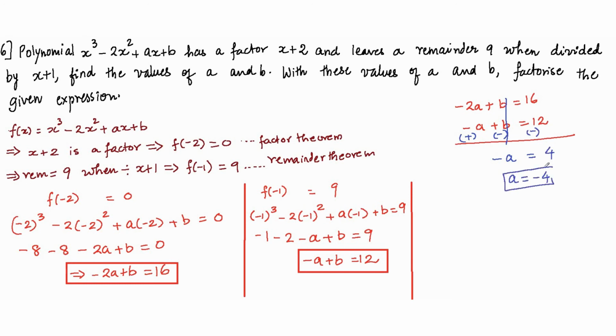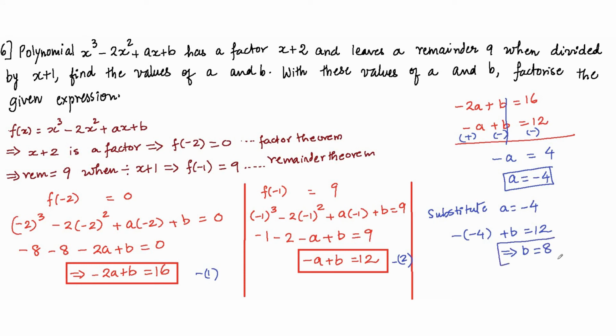And now using a equals negative 4, I can find the value of b. So substitute a equal to negative 4 in, say, the second equation. I think that's a better one. We get negative of negative 4 plus b is equal to 12, which implies b is equal to 8.